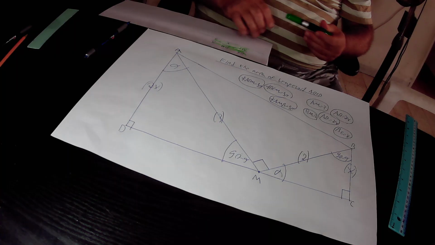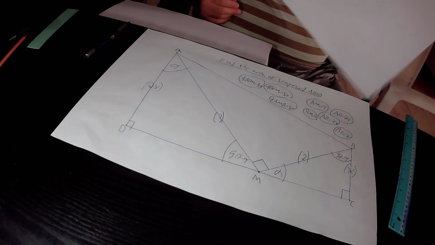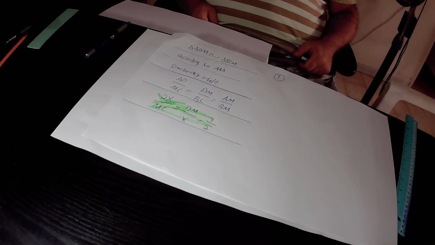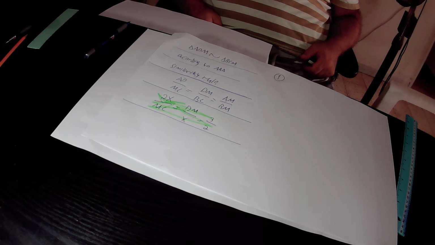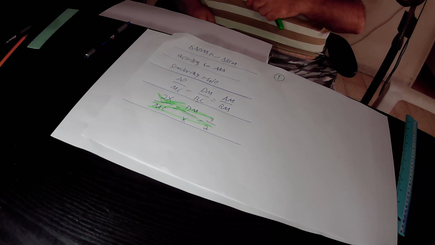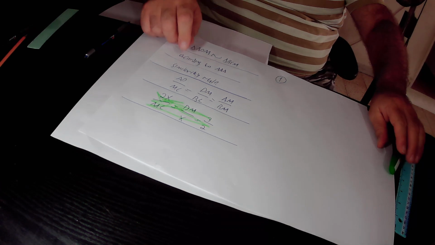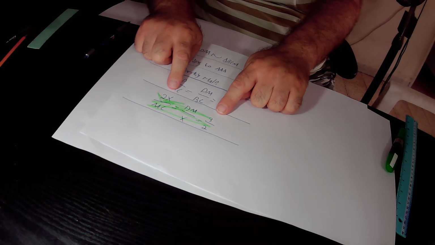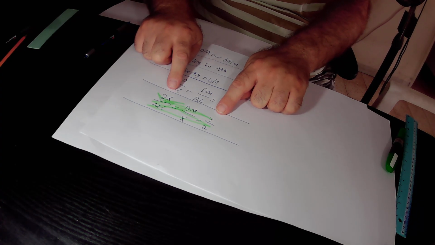So in total, we found that 2x over MC equals DM over x, and it is also equal to 3 halves. Those two expressions are equal to each other, therefore we get equation 1 from them. According to equation 1, 2x over MC equals 3 halves.